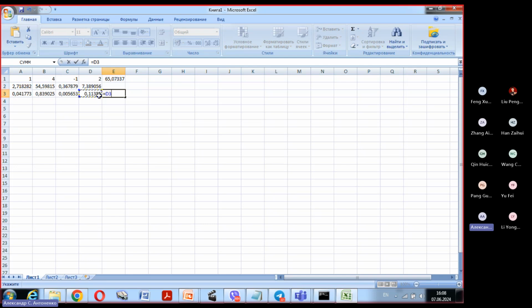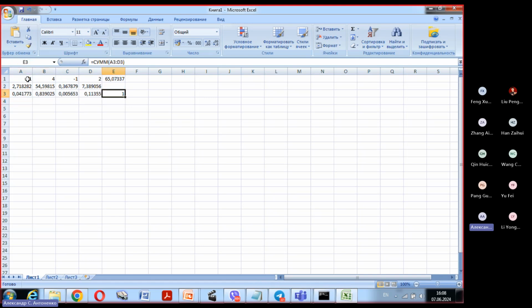We can use auto summing. And of course, the total sum of these elements is equal to 1.